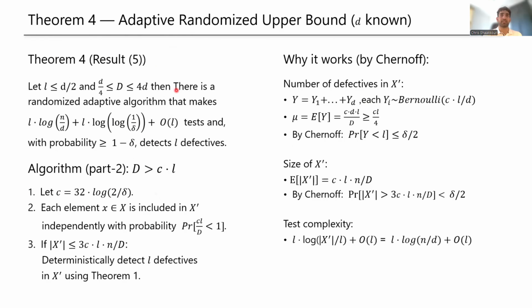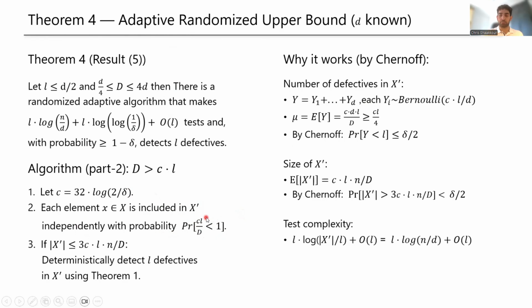So each element x inside of big X, which is the group of all inputs, is included in X prime independently with probability of CL divided by D, smaller than 1. So we create another group called X prime, and this X prime has the elements of X, each element independently with probability of CL divided by D, smaller than 1.